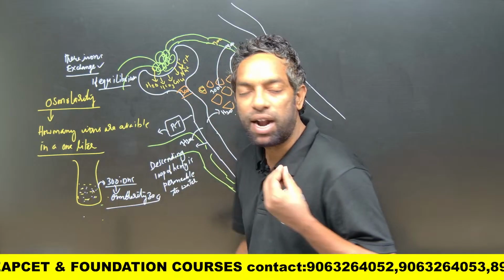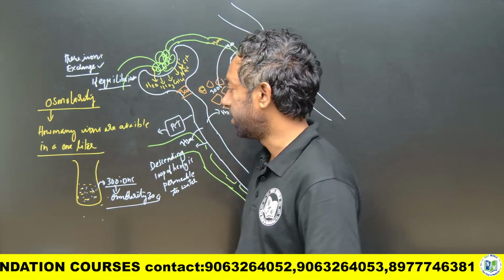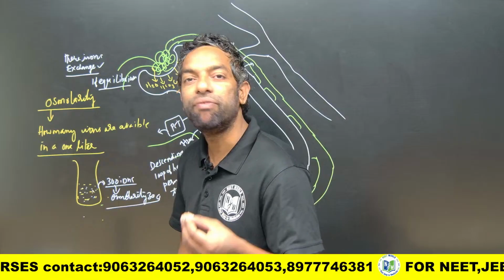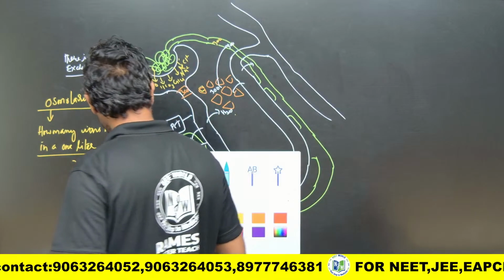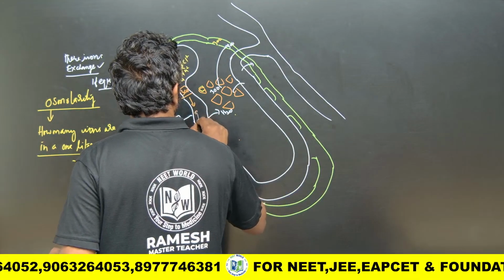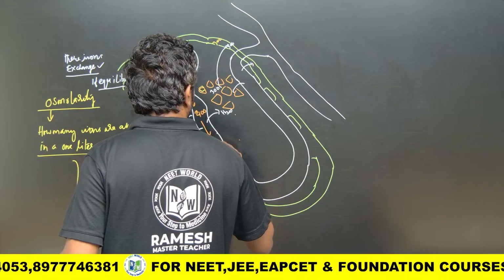If the water is removed, the ionic concentration will increase in this area. 300 becomes 400, 400 becomes 500.